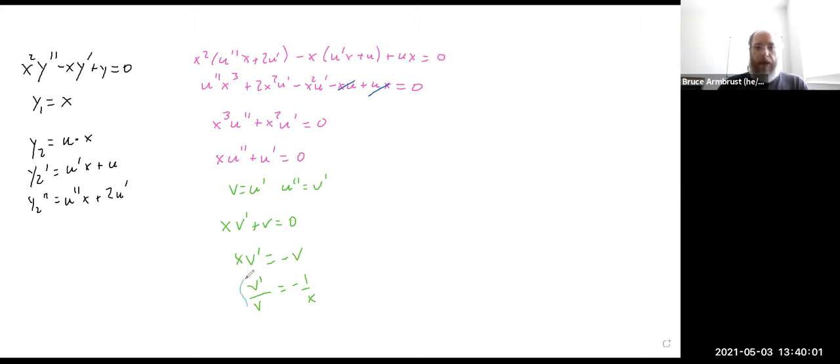And now we can integrate those. So we get the natural log of v is equal to the negative natural log of x plus c. So v is going to equal c over x.